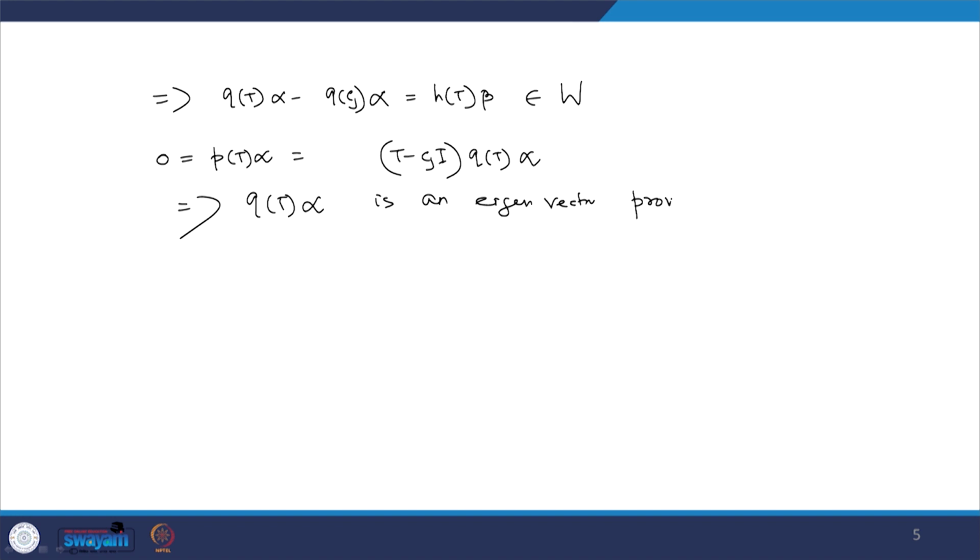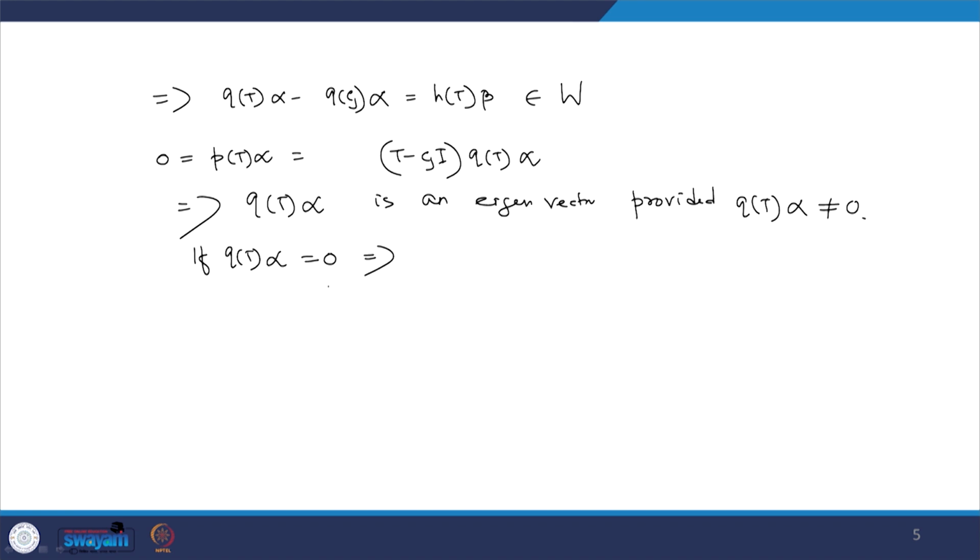This implies Qt alpha is an eigenvector, provided Qt alpha is not equal to 0. If Qt alpha equals 0, implies what? Qt is the product of T minus C1 I into T minus C2 I, like that.